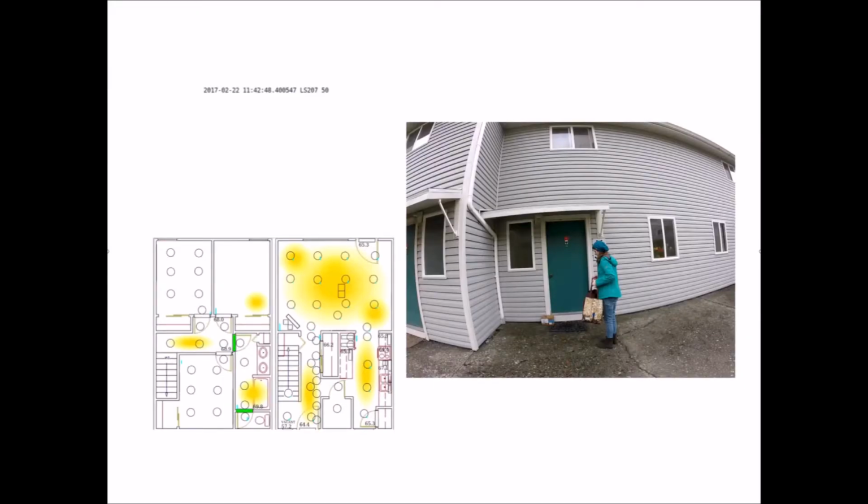Let's first take a look at what the data looks like when it comes from a smart home filled with ambient sensors as a resident performs a normal daily activity. The video on the right of the slide will show a resident entering a smart apartment where she will perform a sequence of activities.